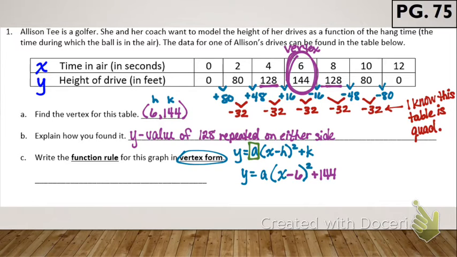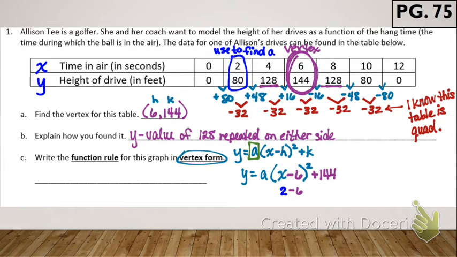So we will use this to find a. We're going to put the 2 in the place of what? Should it go in for the x or for the y? x. So we're going to put 2 in the place of x.